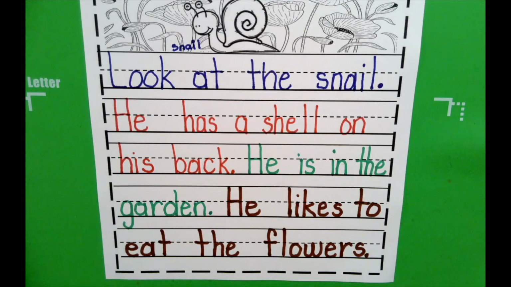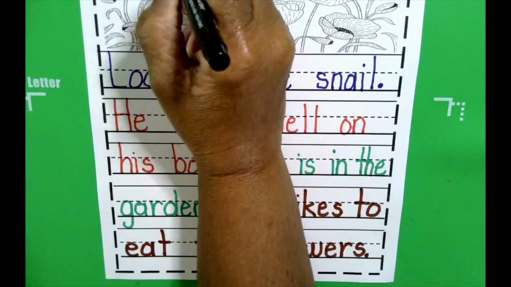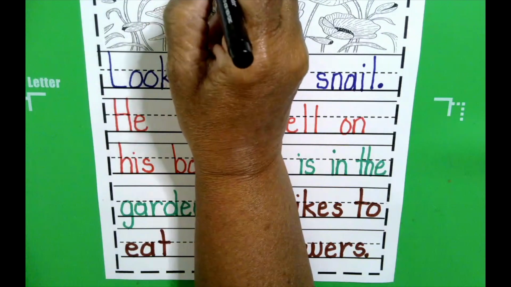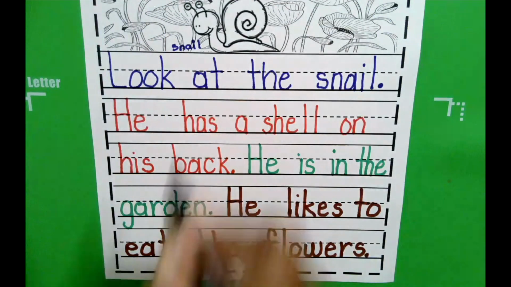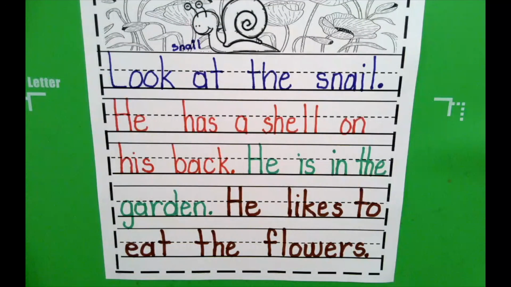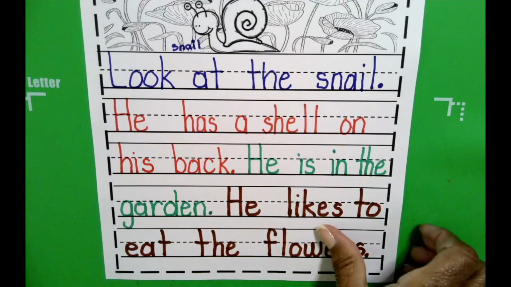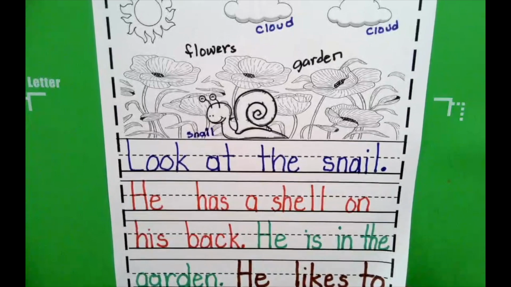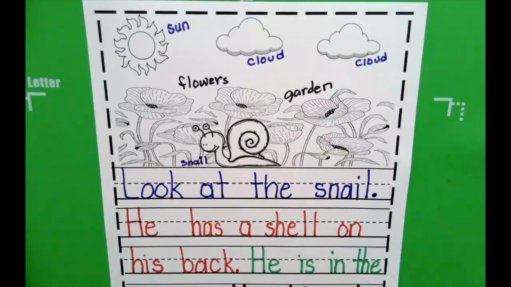That was great. Now, in addition to garden, I'm going to write flowers up here, because this is a flower garden. These are flowers. Okay, boys and girls, it's time to get your crayons. And we're going to color our beautiful picture.